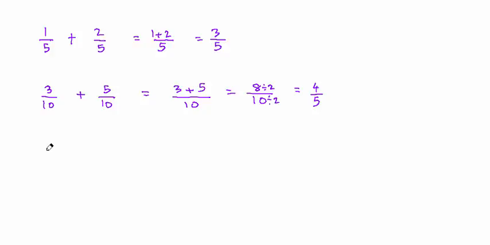But then the obvious question is, how do you add two fractions that are on different denominators? For example, if you have 3/5 to be added to, let's say, 1/10. If you do the same process and do a 3 plus 1 on the top, what do you do on the bottom? Do you write a 5 or do you write a 10?